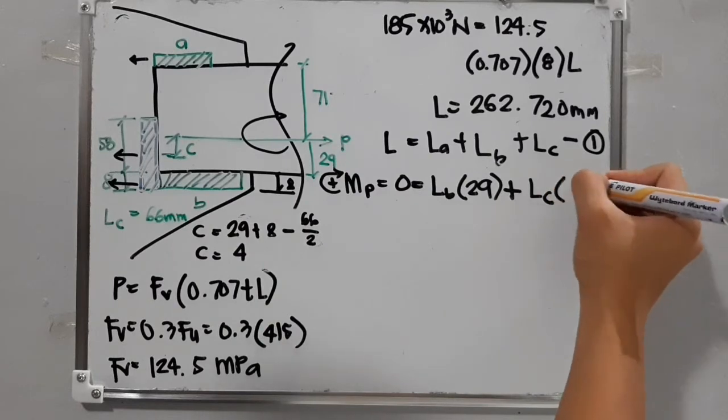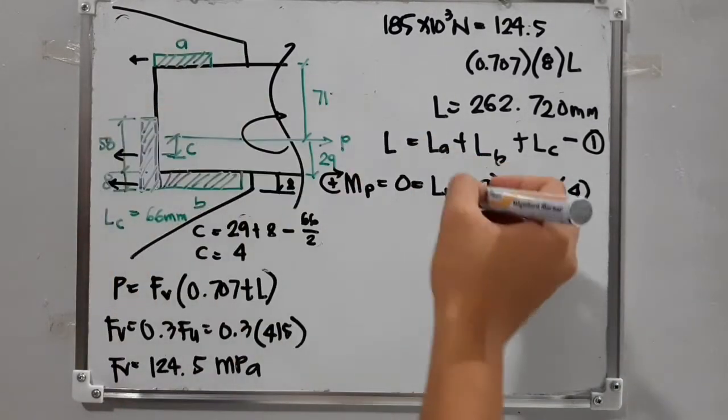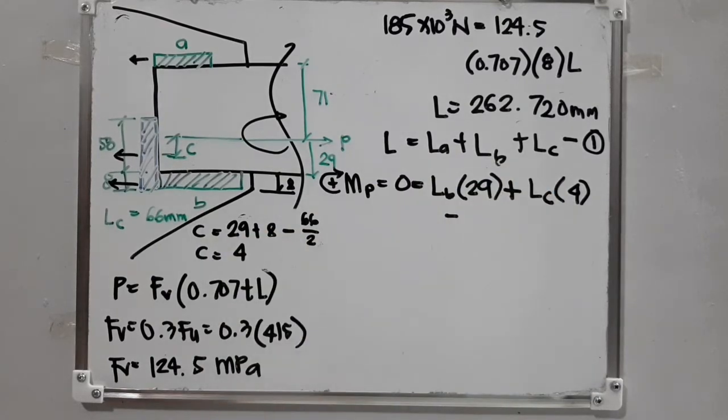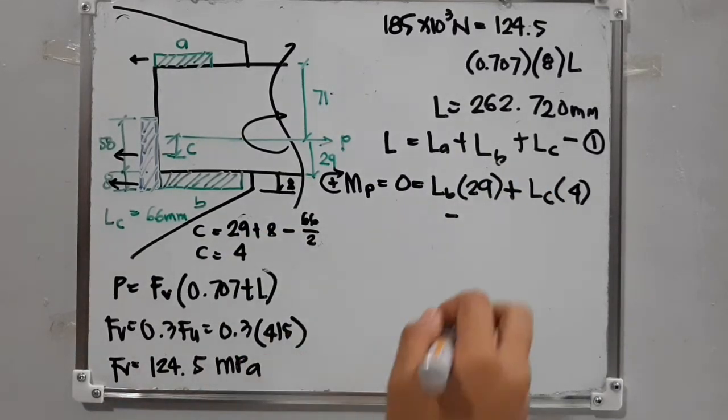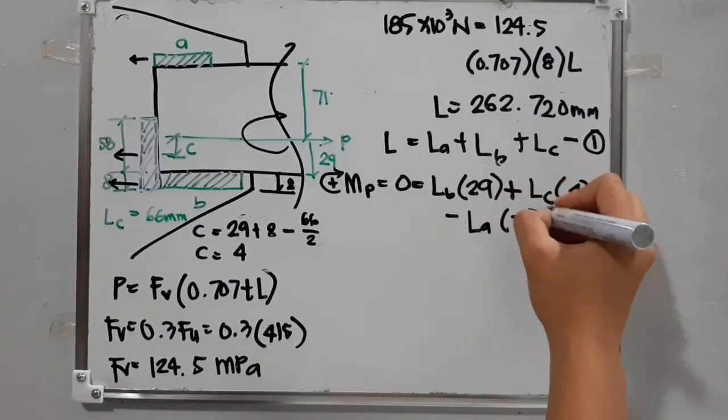So LC is multiplied by 4. And we also have LA as a negative value, which is LA times 71.